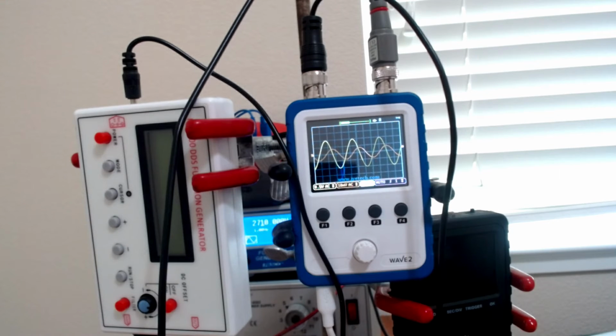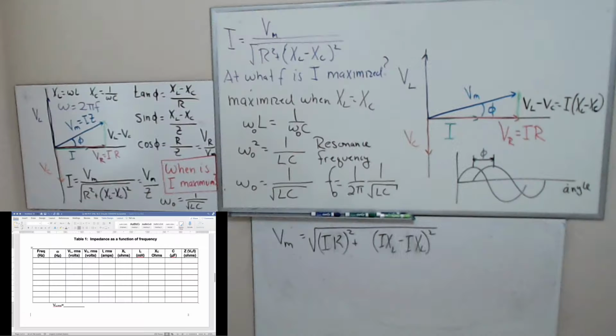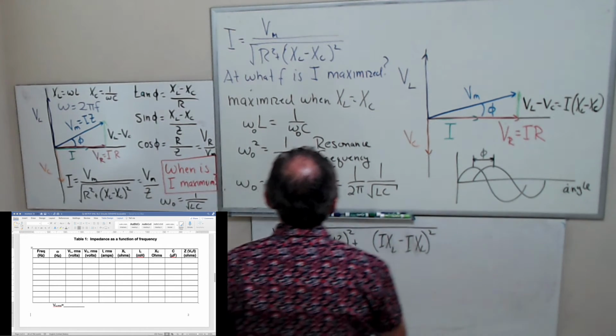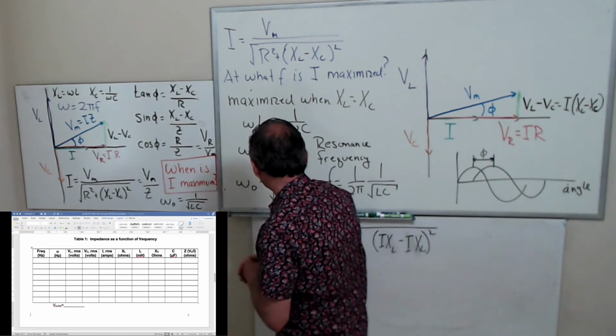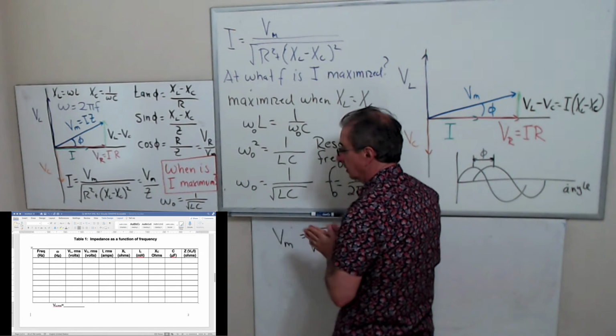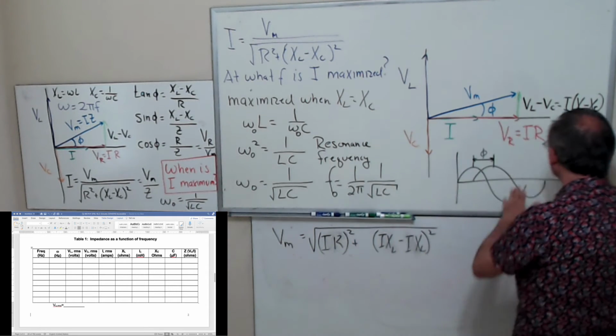I'm going to bring up another thing regarding the RLC circuit. So, when the current's maximized, in other words, when you're at this frequency, guess what else is maximized?